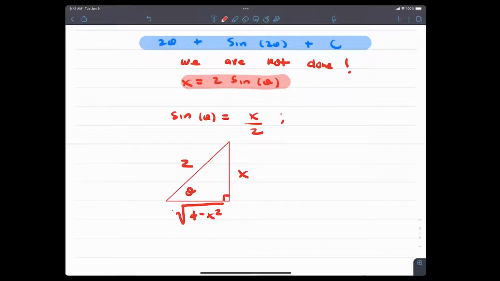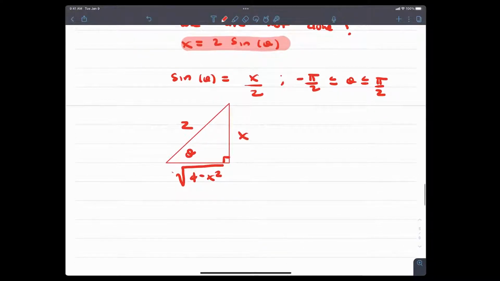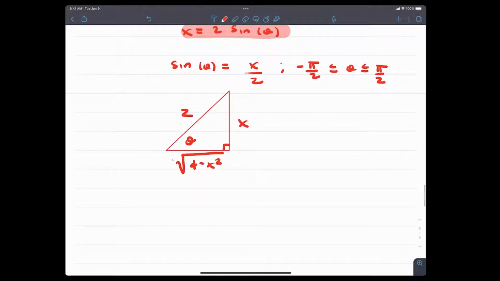All right, and I remember this is going to be from negative pi over 2 to positive pi over 2 for theta. You know what that actually means, though, ladies and gentlemen? You know what that implies about x over 2, and about theta?